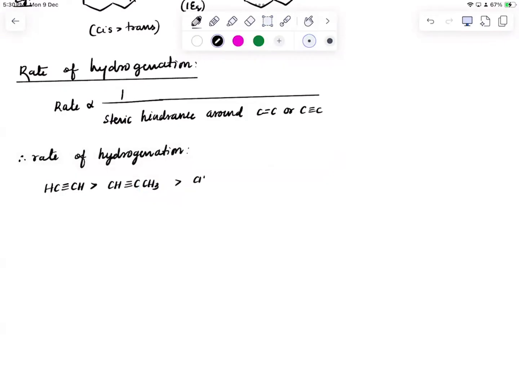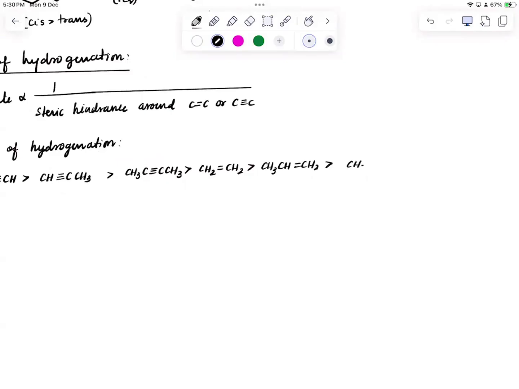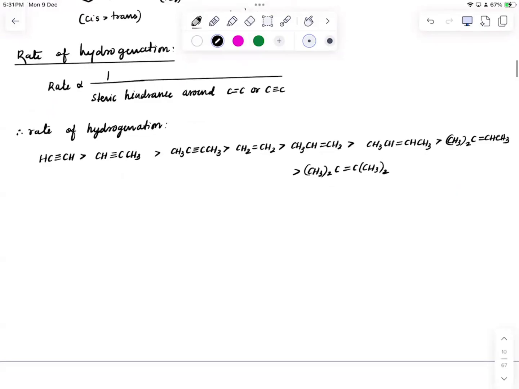Next is with two more groups here, CH3C triple bond C. So then comes CH2 double bond CH2, then CH3CH double bond CH2, then CH3CH double bond CHCH3, and then CH3 twice C double bond CH3, and lastly CH3 twice C double bond CH3 twice. So this is the rate of hydrogenation.